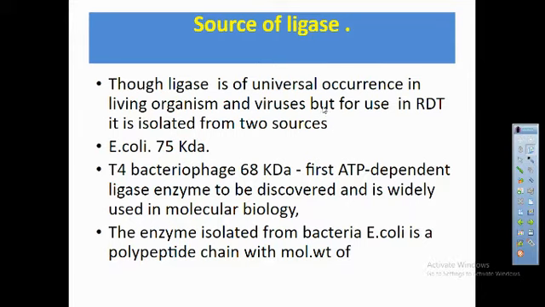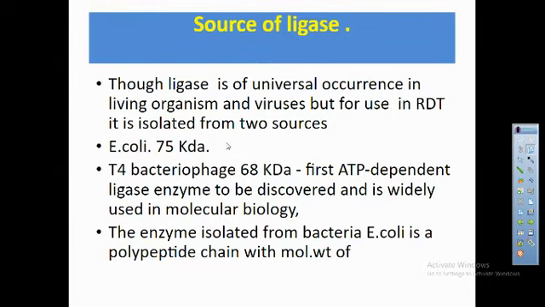So what could be the source of this ligase? It is already mentioned that this ligase is of universal occurrence. It is present in all animals, plants, bacteria, viruses, and so on. But for the purpose of biotechnology or recombinant technology, we are using two different ligase enzymes from the source.